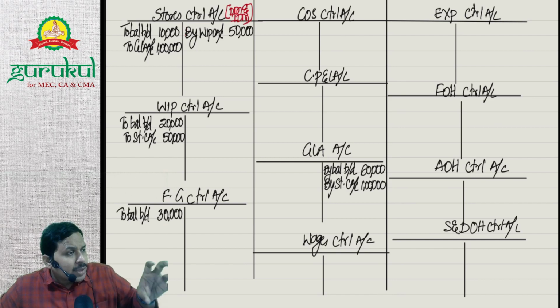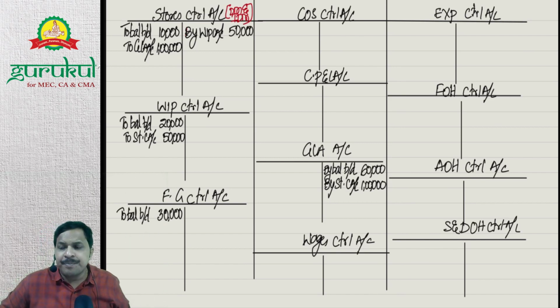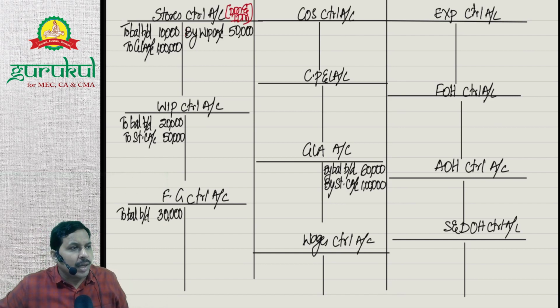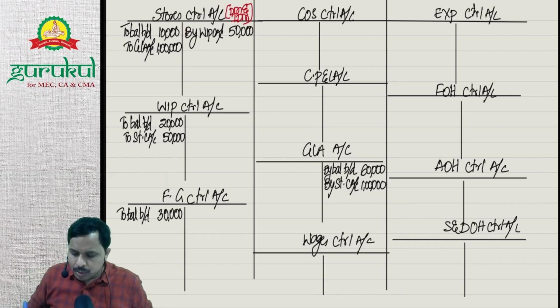Now from stores, 10,000 rupees worth will be deducted and it will be transferred to which account? Because this 10,000 is factory overhead. So now what will be the entry? Factory overheads control account debit to stores control account. This entry is for raw material issued for factory repairs, or you can simply say indirect material issued to production. The entry is factory overheads control account debit to stores control account.